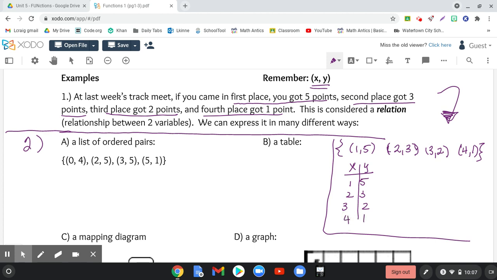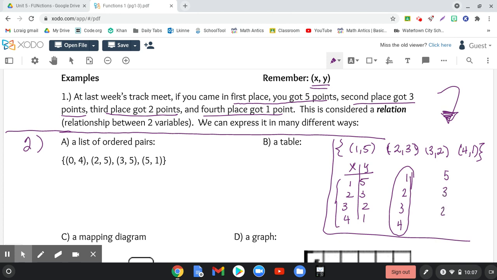You could plot those points, which I'm not going to do with this example, but you can also create what's called a mapping diagram. So basically, you look at your inputs. All right, so you have your domain, 1, 2, 3, 4. I'm just going to list them here. I'm going to put a little circle around them, a little oval there. And then my outputs are 5, 3, 2, 1.